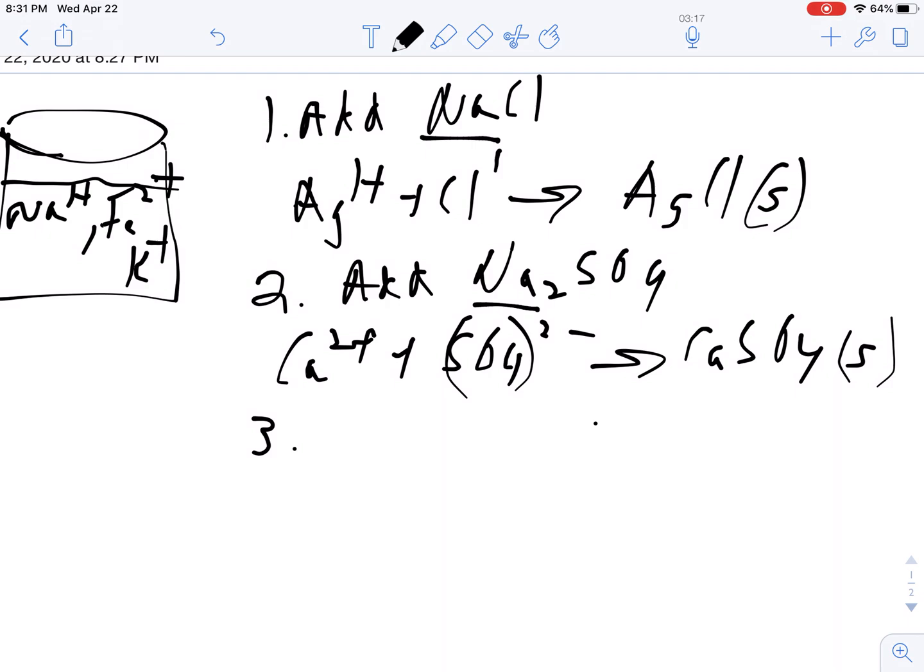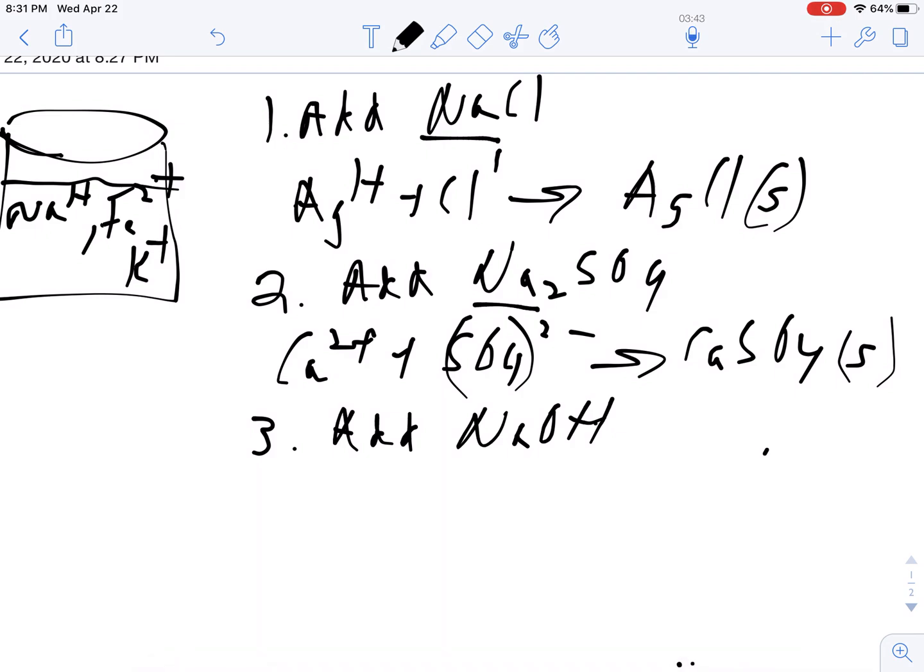Third step, you would want to now add hydroxide. And when I add the hydroxide, the OH will react with the iron. It's not going to react with potassium or the sodium.